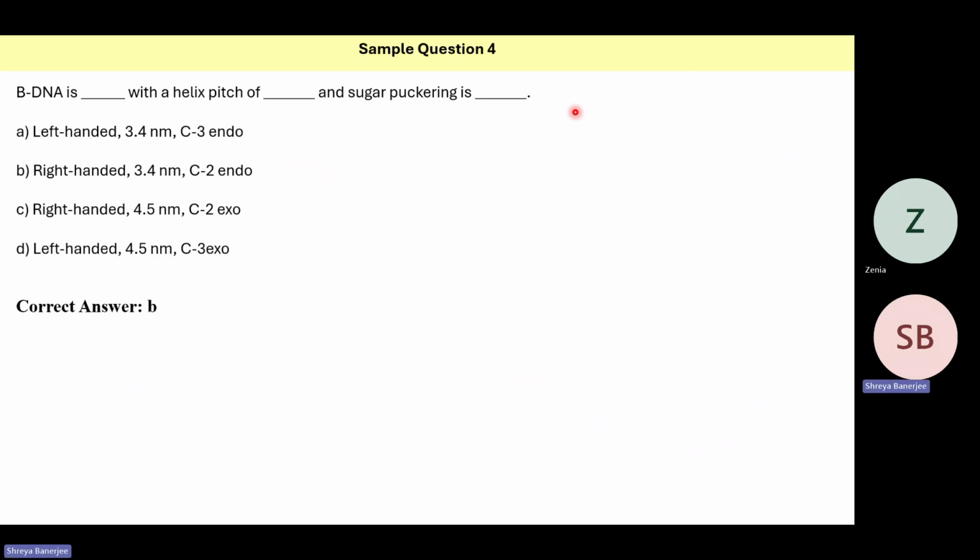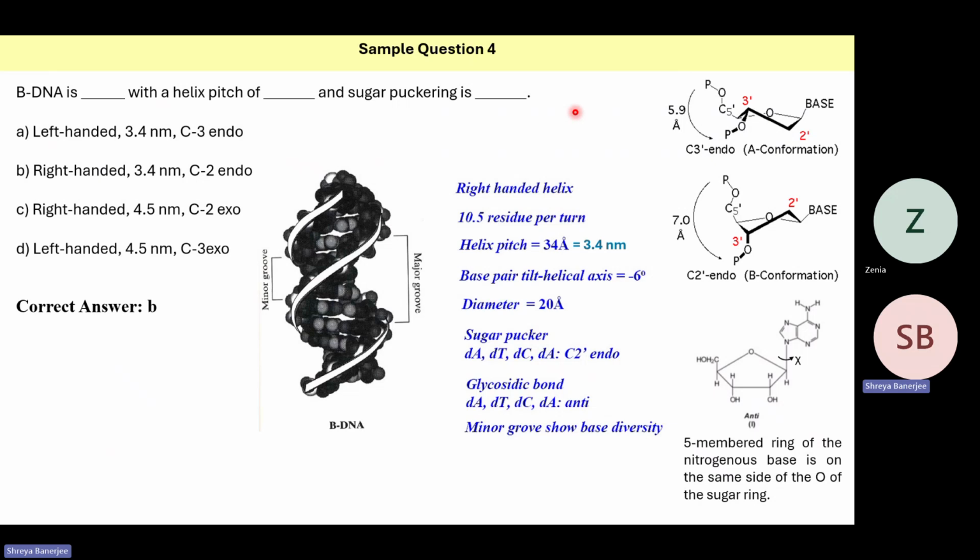So here, you don't have to remember for A or Z DNA, but since B DNA is the most commonly found DNA, it is best to remember the properties. So B DNA is right-handed, so automatically A and D get cancelled out.